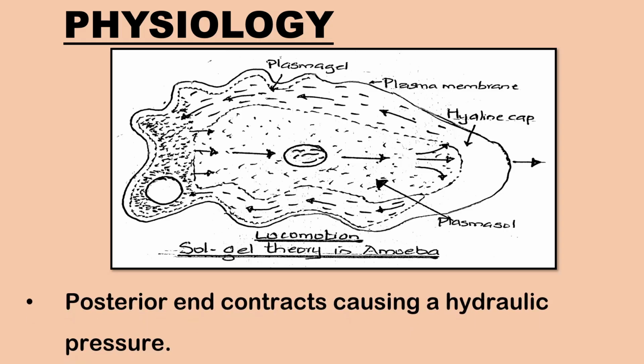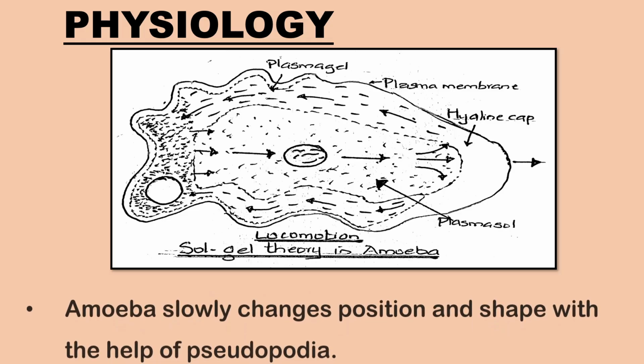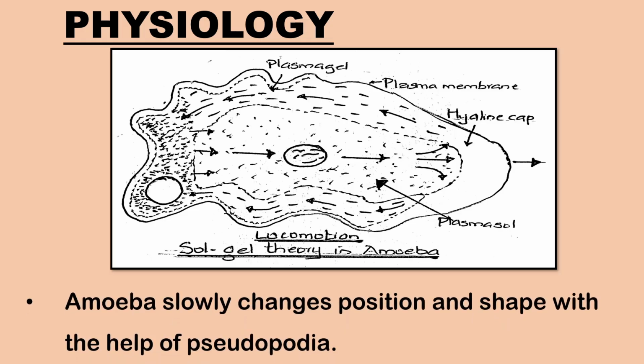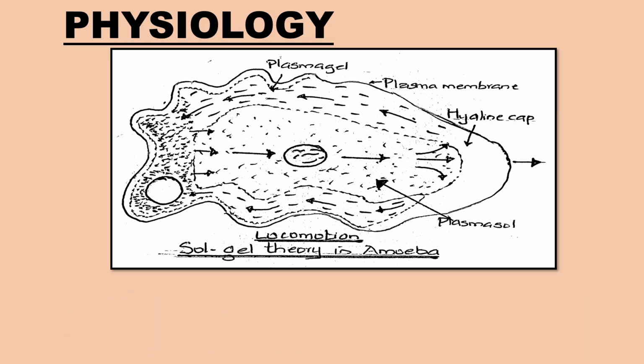The posterior end contracts, causing a hydraulic pressure on the sol. Sol pushes forward, develops an outward bulge which steadily elongates and forms pseudopodia, due to which the amoeba slowly changes its position and shape.